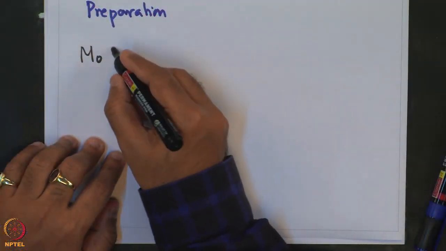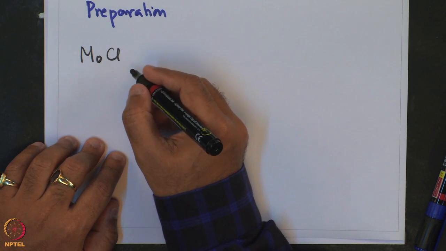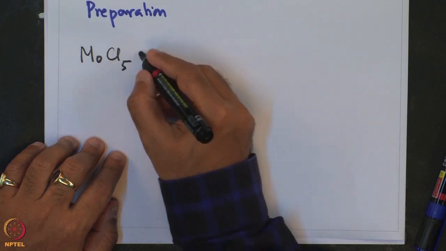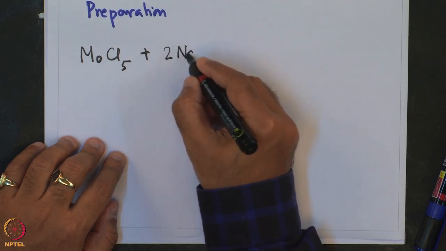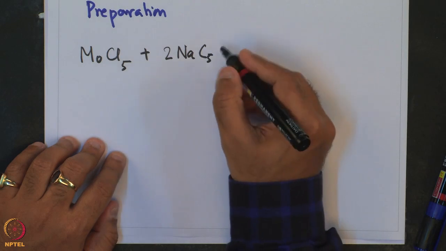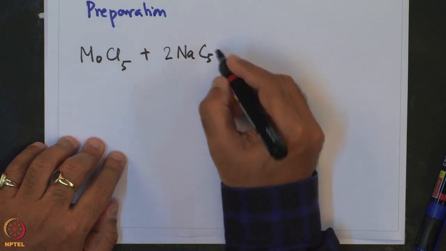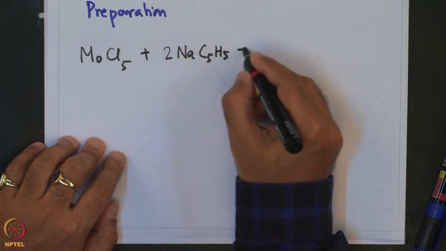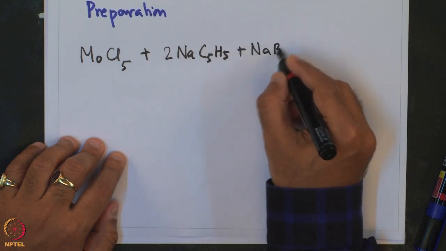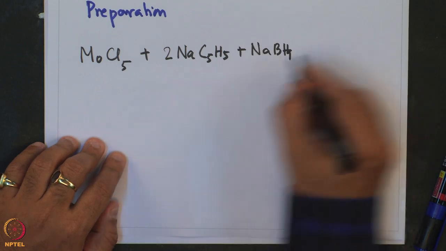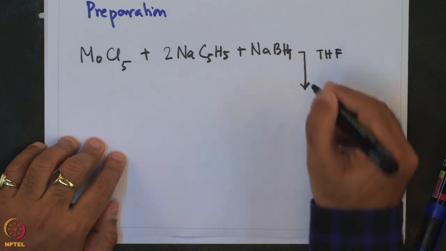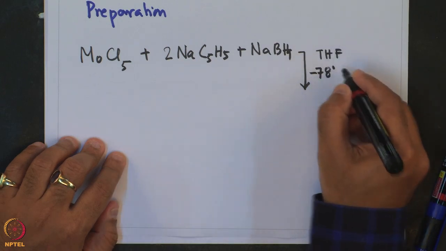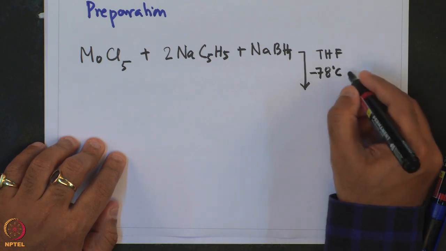So, for example, the reaction of MoCl5 plus 2 NaC5H5 plus NaBH4 in THF at minus 78 degrees centigrade.